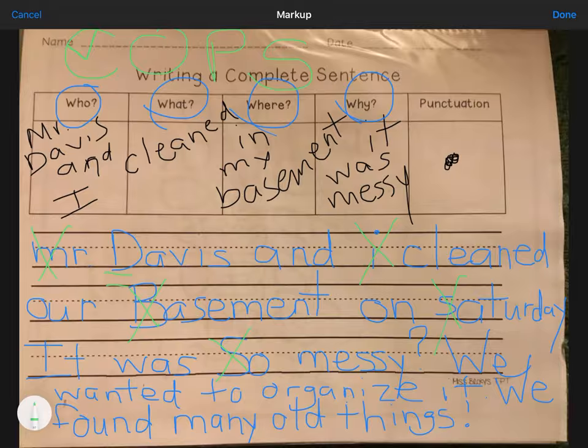Next, O is organization. And it's really about, does it make sense? I feel like I've read this enough times that it does make sense to me. I don't really need to fix that. I also see that I have finger spaces in between my words, and I just kind of check that for you by drawing a line in between my words.